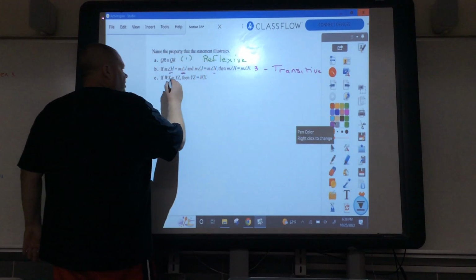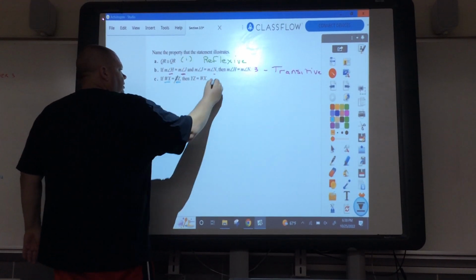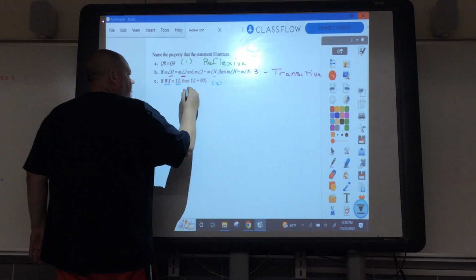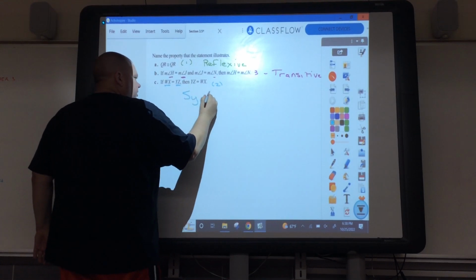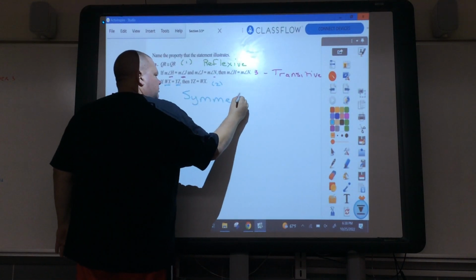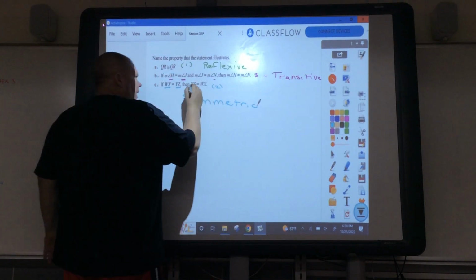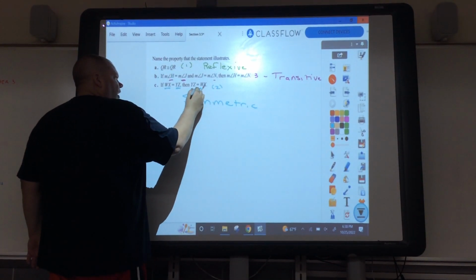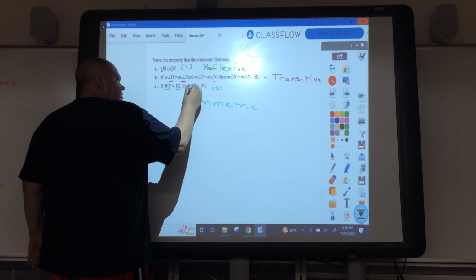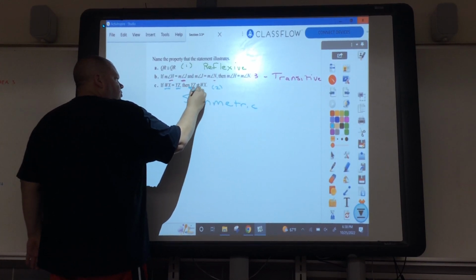How many things are being compared? You have 1, 2. Since there are two things being compared, this is the symmetric property. The symmetric property is switching my order. YZ and WX are being switched.